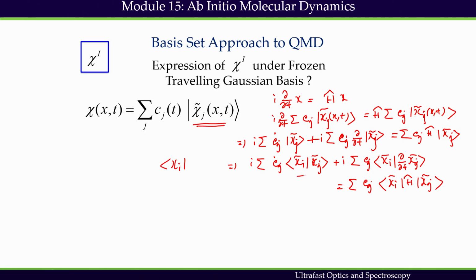So this whole expression can be reduced to the well-known form, that is the cj dot then this is sij plus I. Here we remind that this I is not the index I here, this is an index I, and this is nothing but the complex number square root of -1.